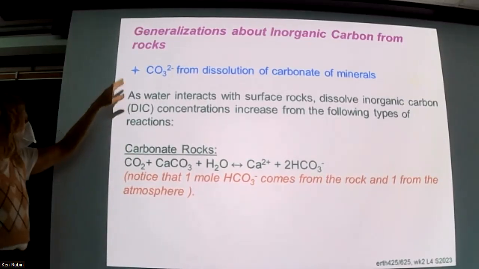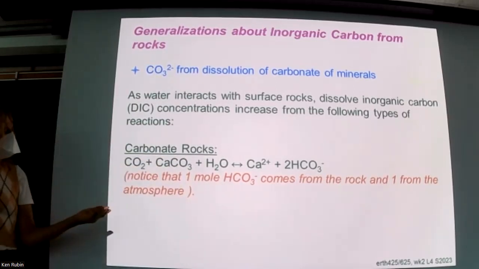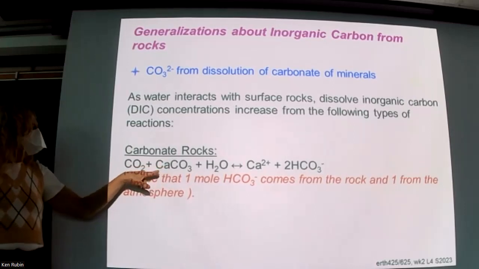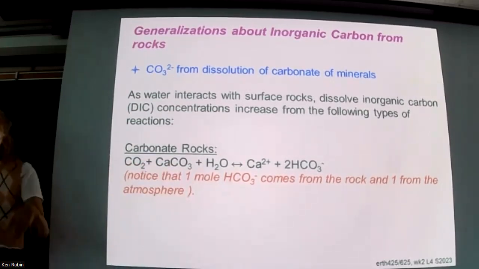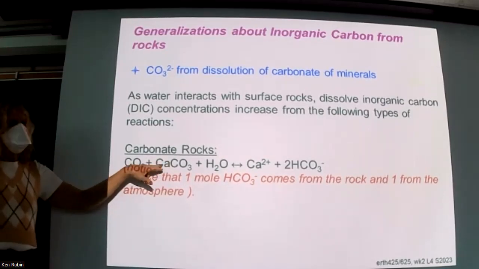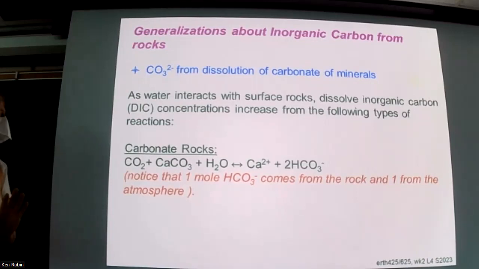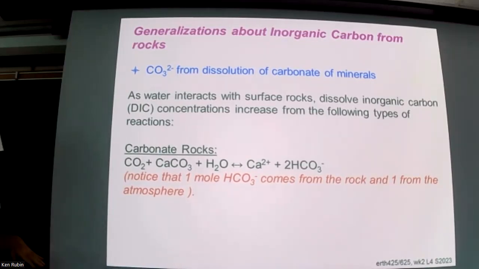So this is a base, calcium carbonate is a base. The two main carbonates that we have in the environment are calcium carbonate, with calcite and aragonite as the two mineral forms, or dolomite, which is a calcium magnesium carbonate. It's got maybe 10 to 20% magnesium and the rest calcium. In all three of these primary cases, there are other minerals out there, but they're not particularly common.